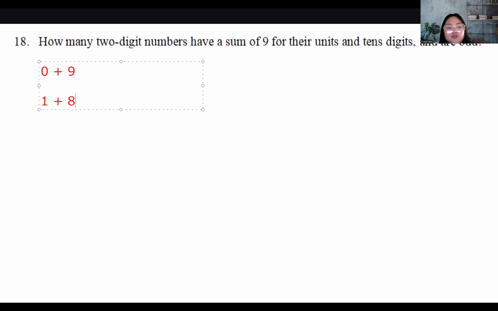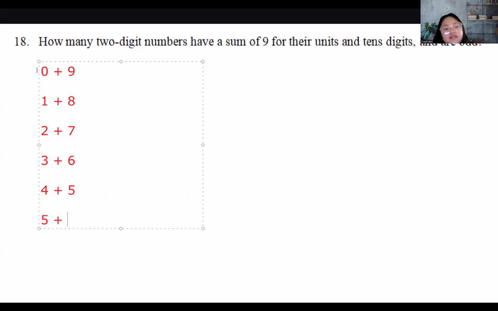You could also have 2 and 7, 3 and 6. See what I'm doing? I'm just counting 1, 2, 3, 4, 5, 6, and then pairing them up with their pairs. That would give 9. And I could have 4 and 5. So the next one would be 5 and 4. That is just the same as 4 plus 5. So I just stop at 4 plus 5 because it's just repeating.